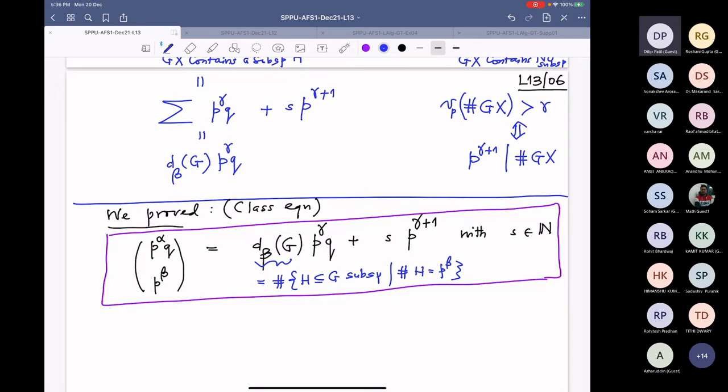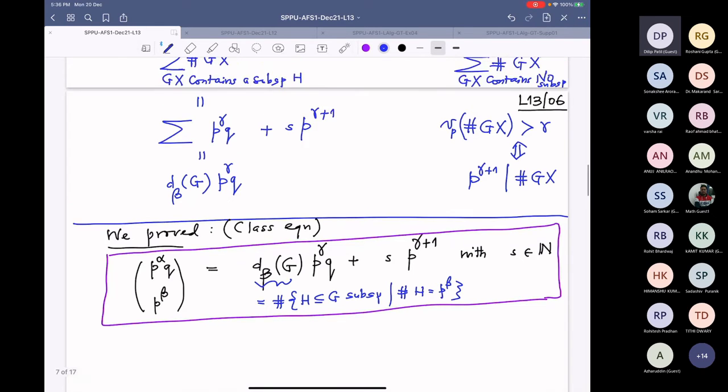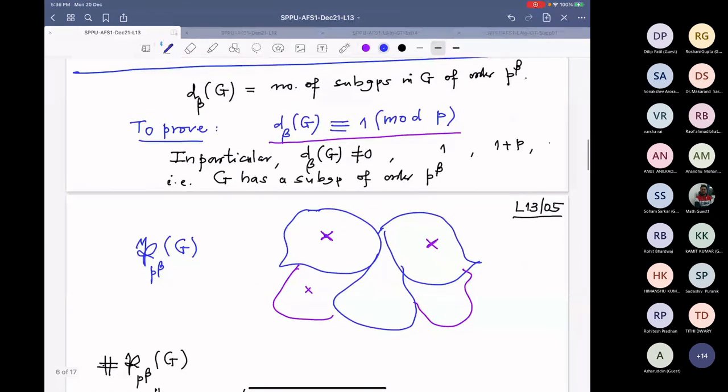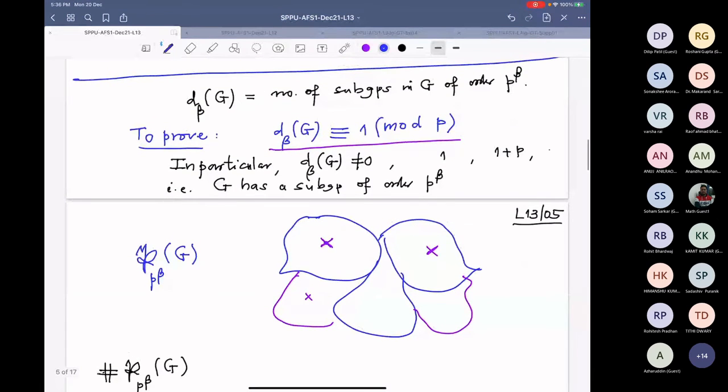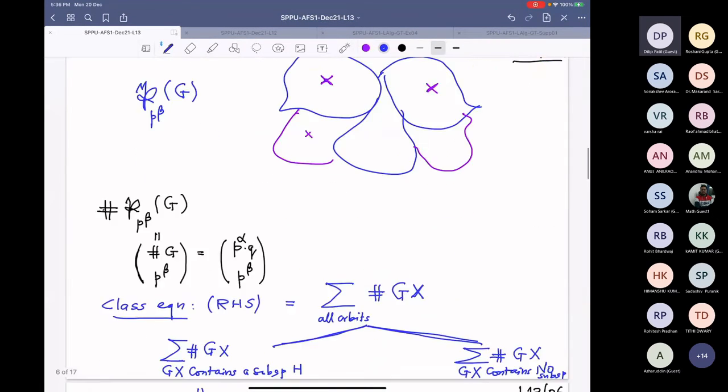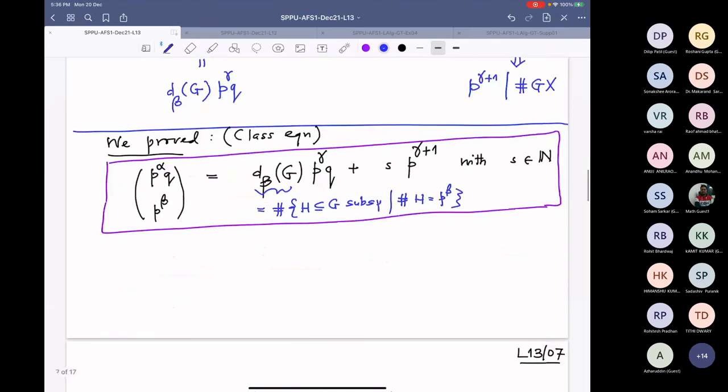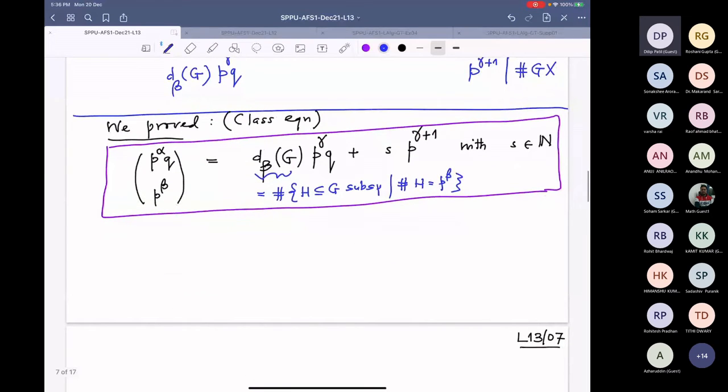So, okay, we have proved this for any group. If I take some other group also, such a formula will be there. The only number here which depends on the group is this d beta G. The others are just combinatorics.